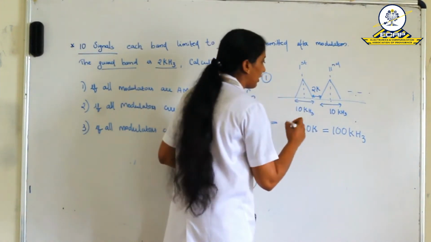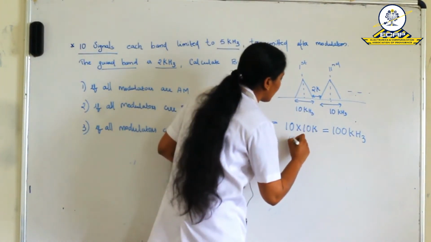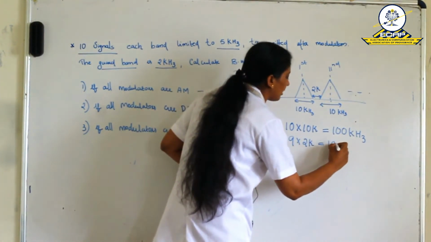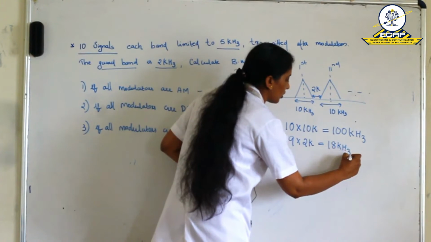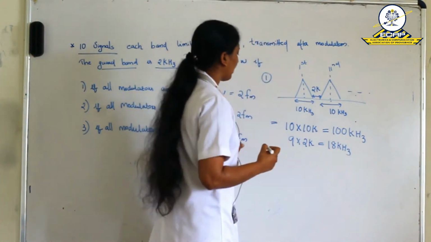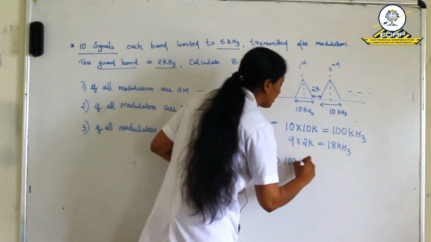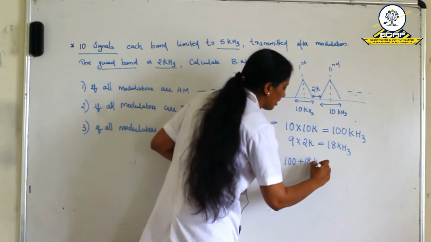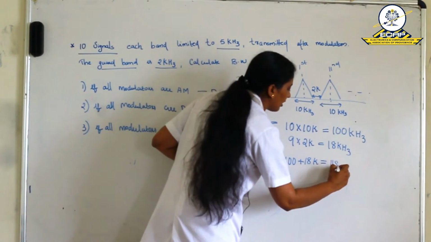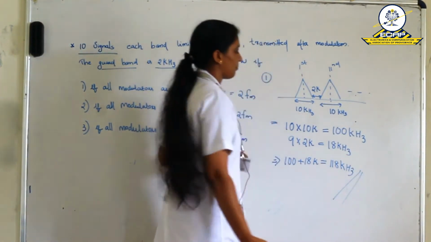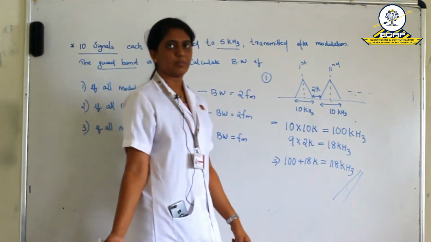So the total bandwidth of the guard bands is 9 into 2 kHz, that is 18 kHz. So the total bandwidth using AM is 100 plus 18 kHz, that is 118 kHz. This is the bandwidth if the modulator is AM.